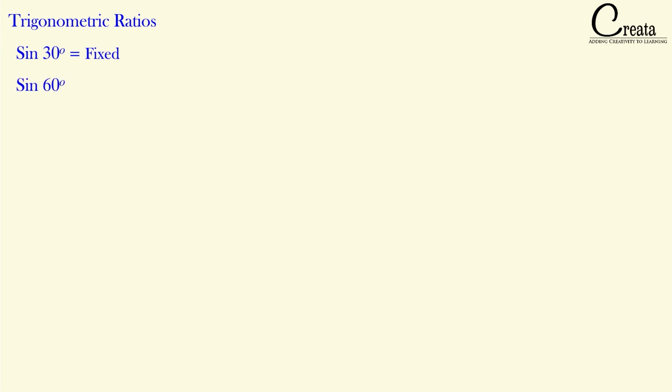If we take sine 0 degree, it will have some value. Sine 90, sine 45, sine 70, sine 75, whatever angle you take, it will have a certain value with respect to the trigonometric ratio, and that value is constant. Whatever triangle you take, smaller, bigger, any triangle, if the trigonometric angle is 30 degrees or whatever angle you want to take, the ratio of the trigonometric sides will be fixed or constant.